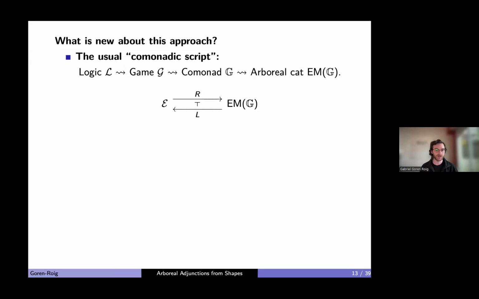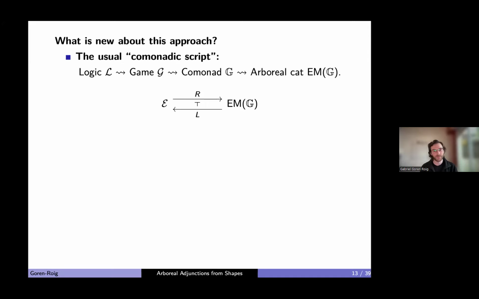You start with some logical language. These tend to be fragments of first-order logic, or sometimes some second-order logic, but it's the kind of logics that people are interested in in computer science, especially with respect to complexity. That's the kind of logic this framework is trying to target.